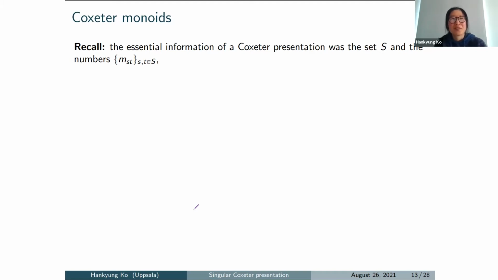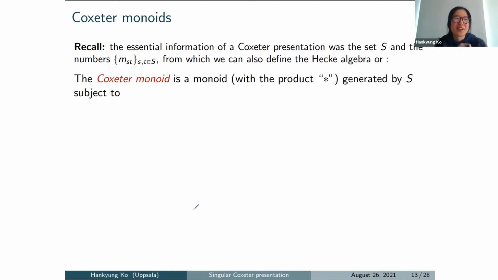Given the data defining a Coxeter group, it can define some other algebraic structures, and one of them is the Coxeter monoid. Another thing that comes from a Coxeter presentation is the Hecke algebra, but I'm not going to define that. Here I define the Coxeter monoid.